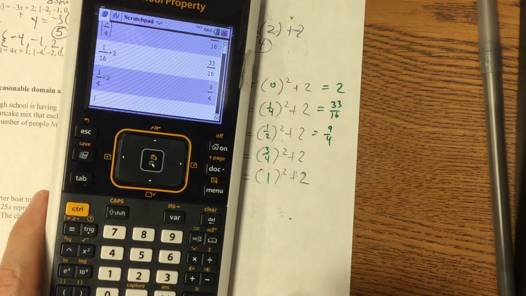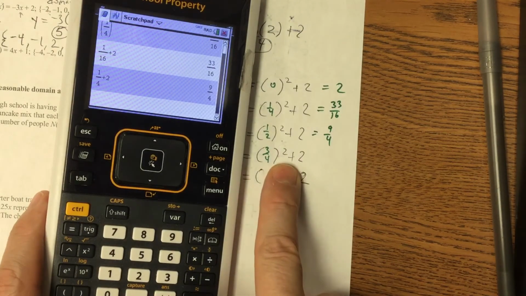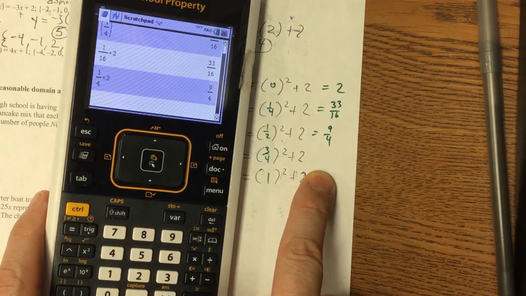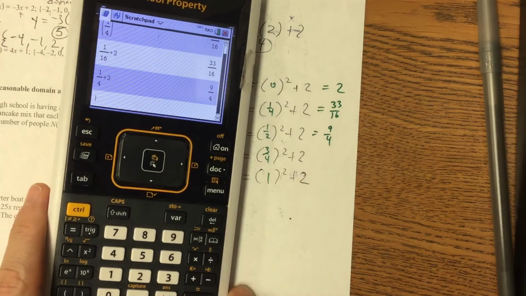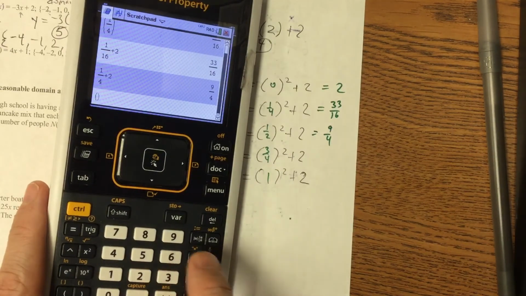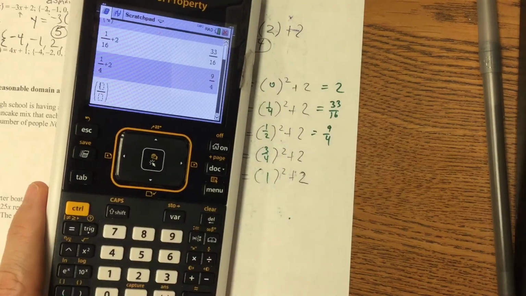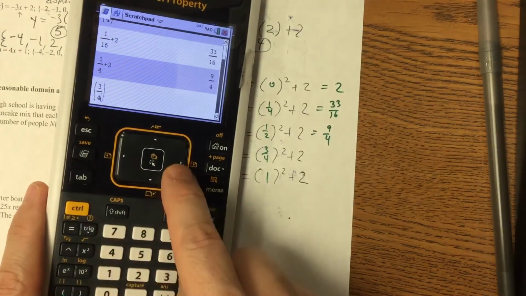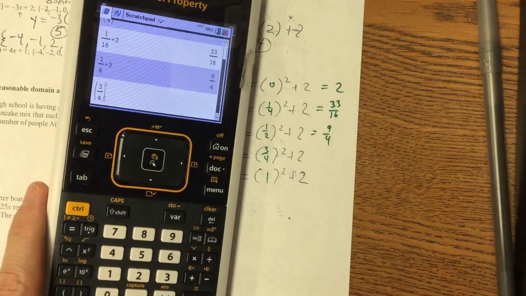Next, we have 3/4 quantity squared plus 2. So let's go ahead and just do that whole thing, just to be on the safe side. So you would do that, 3/4. In fact, I'm going to do it all in one step this time.